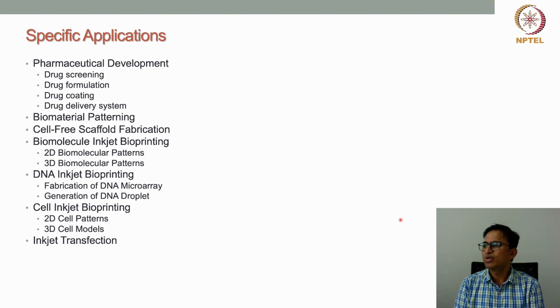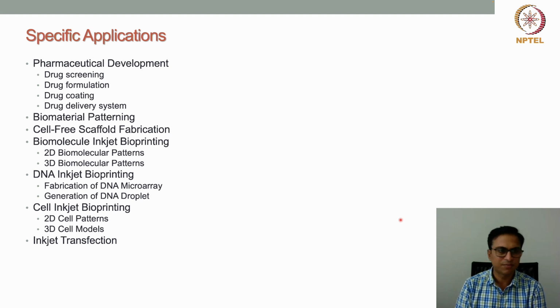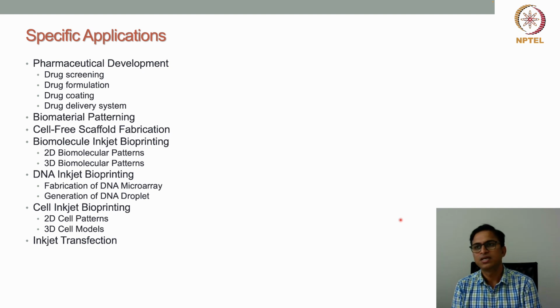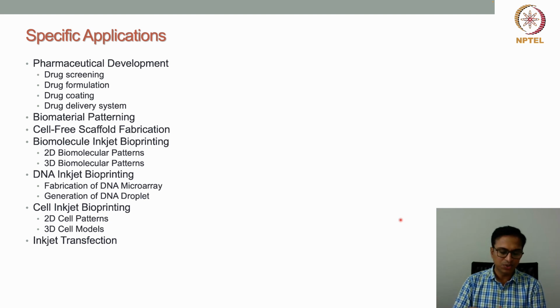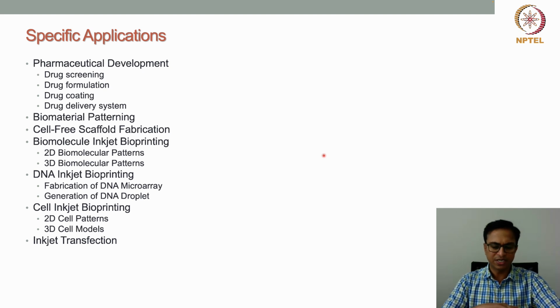When we use different types of biomaterials, as I said, they can be aqueous soluble, organic soluble, a suspension, or a mixture. When they are used, they can be patterned on a 2D surface, where different surface patterning is possible.